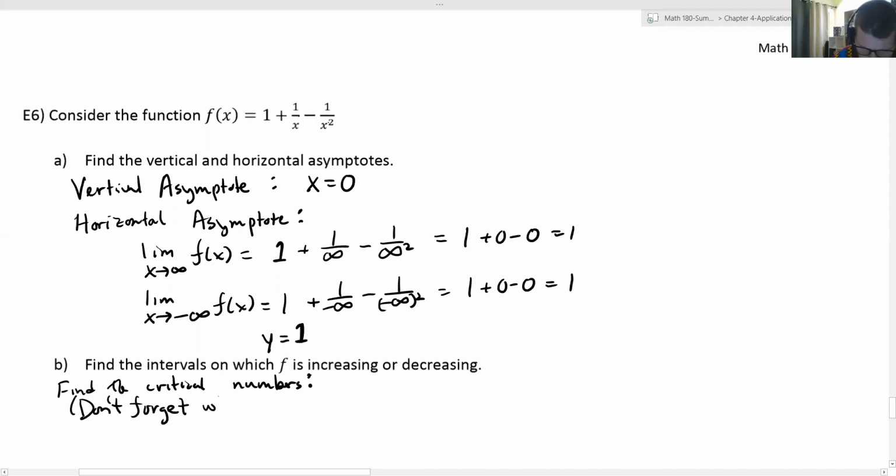Don't forget that wherever f prime is undefined is also going to be a critical number.